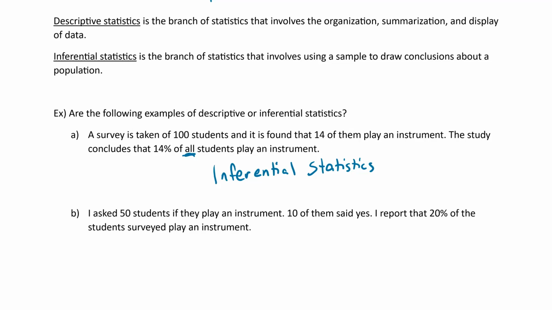And when I report it, I report that 20% of the students surveyed played an instrument. So I'm not trying to take that information and make any broader assumptions. I'm just reporting the facts that 10 of them out of 50 said yes, so that's 20%. So this one's descriptive.